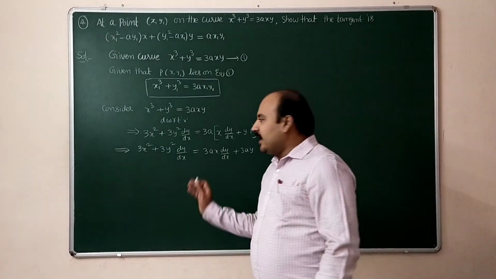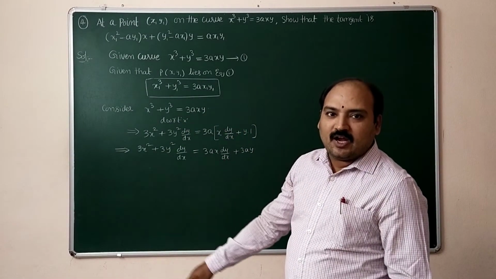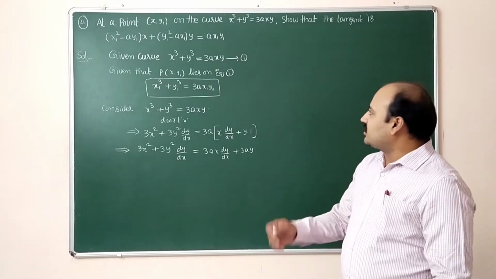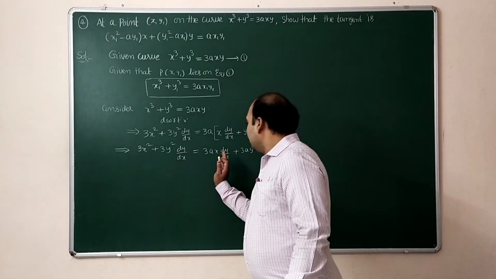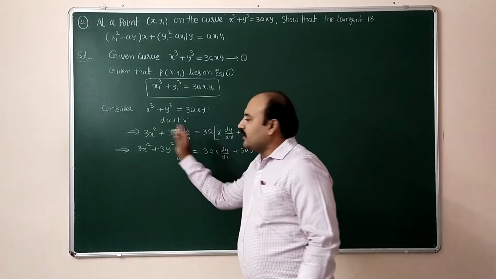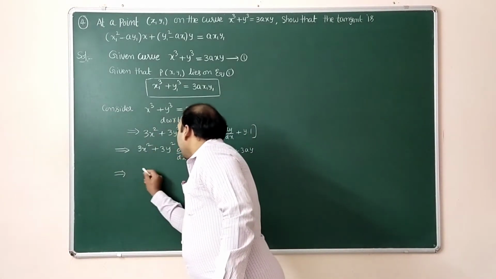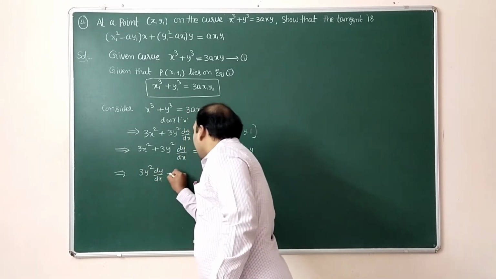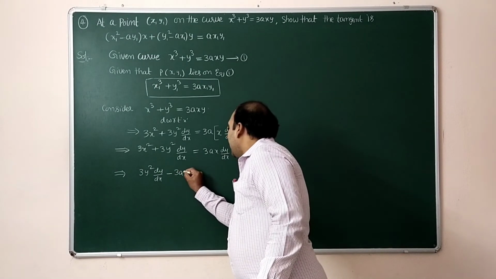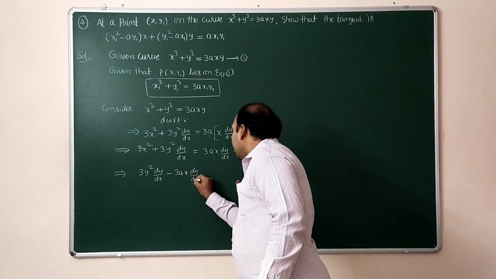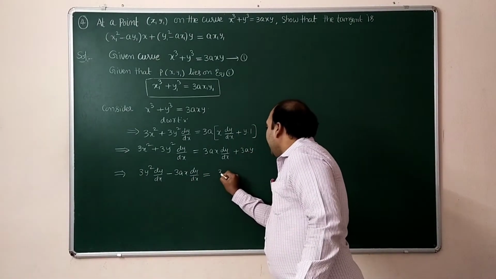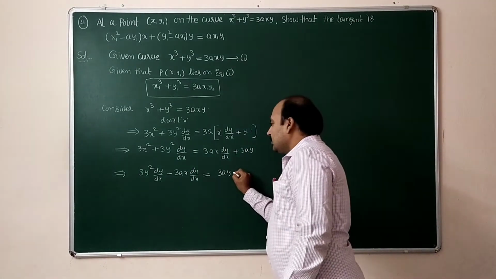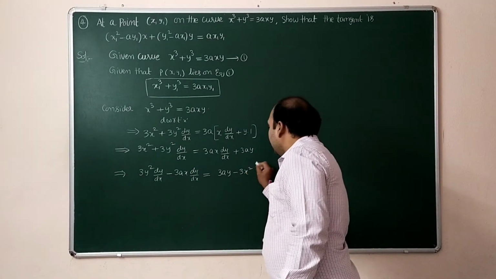Now the terms containing dy by dx on one side and the terms not containing dy by dx on the other side. So now the 3ax into dy by dx I am taking this side. So now 3y square into dy by dx minus 3ax into dy by dx is equal to 3ay, and 3x square I am taking this side, minus 3x square.